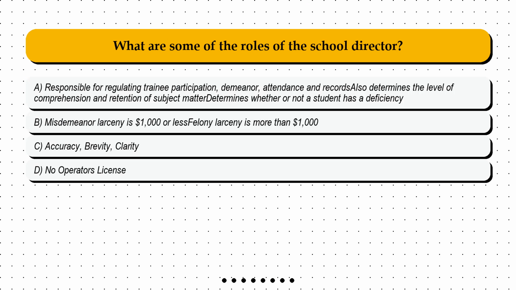Question 6. What are some of the roles of the school director? Option A, responsible for regulating trainee participation, demeanor, attendance and records, also determines the level of comprehension and retention of subject matter, determines whether or not a student has a deficiency. Option B, misdemeanor larceny is $1,000 or less, felony larceny is more than $1,000. Option C, accuracy, brevity, clarity. Option D, no operator's license.